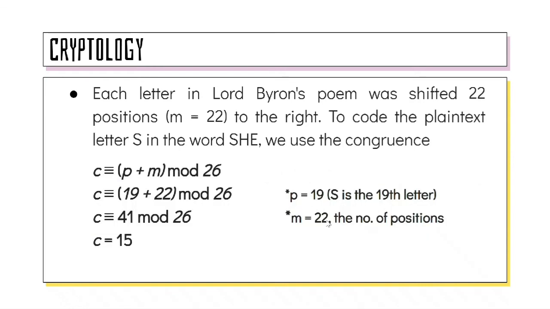So, 19 plus the positions, 22, given in the positions, class. Then the mod, 26. 19 plus 22 is 41 mod 26. So we divide 41 by 26.